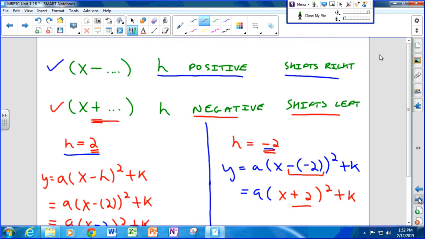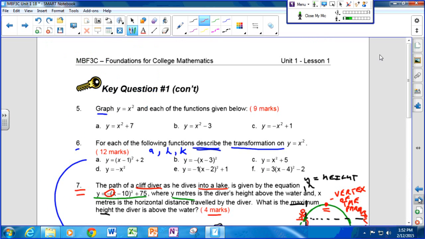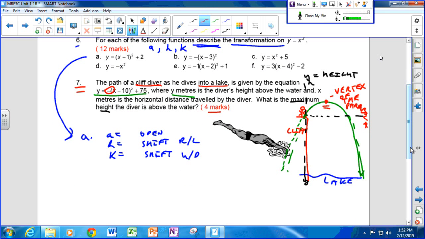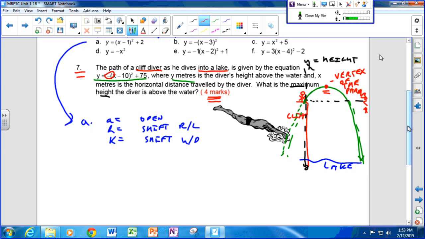All right. So that was key question number 1, and there's quite a few here. Something like this with question number 7, a word problem, I encourage you to give it a try. A diagram is a must, and in fact, whether you get the answer right or not, if you have a diagram, you'll get a few marks for that, because it shows that you are trying to use the problem-solving techniques, and you're trying to understand the situation.